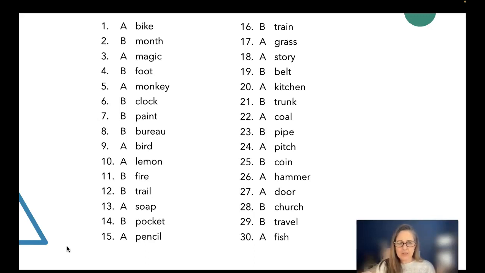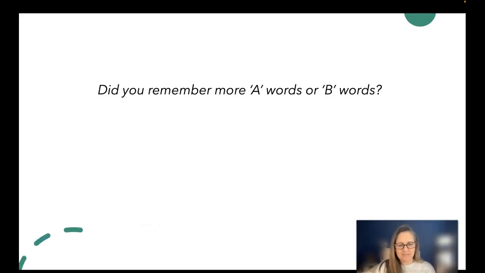So as you look at your tallies, which did you remember more of? Did you remember more A words or more B words from that list? Chances are some of you may have remembered more A words, but many of you may have remembered more B words than A words.